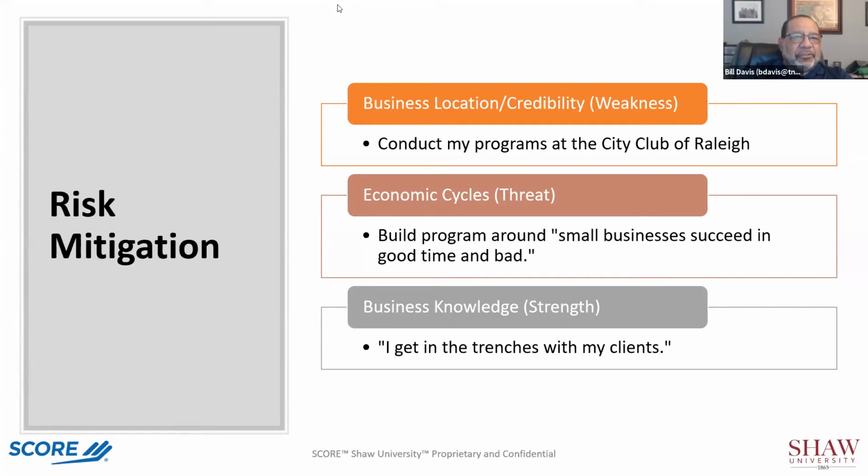Now I use 3, you could use 4, you could use 5. The idea is you don't want to make it more complex than you're willing to work with. And so that's why I use 3. But there is no limit to the number of strengths, weaknesses, etc. The more you use, the bigger your matrix gets. And so you want to keep that manageable.